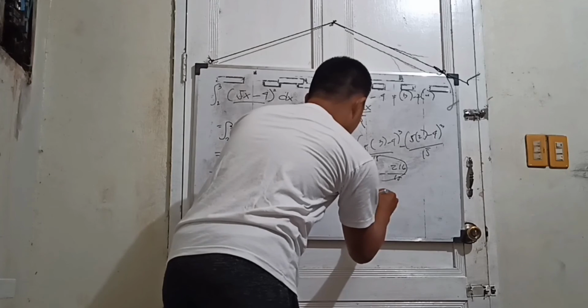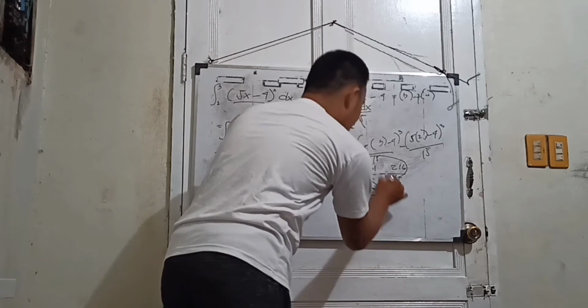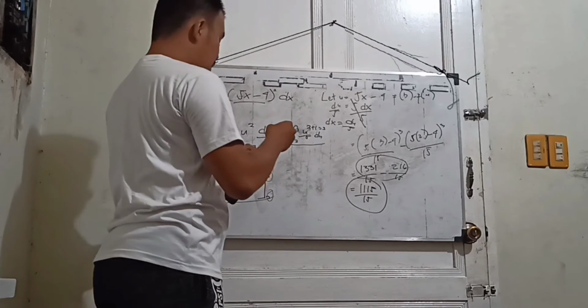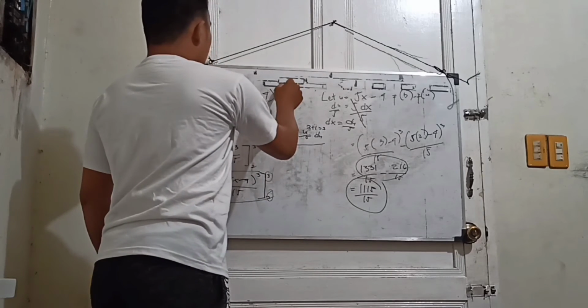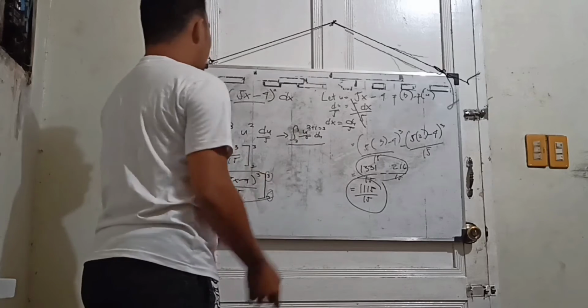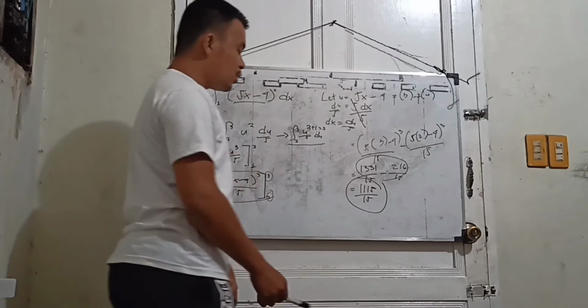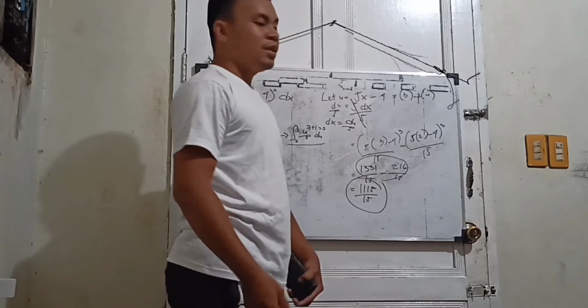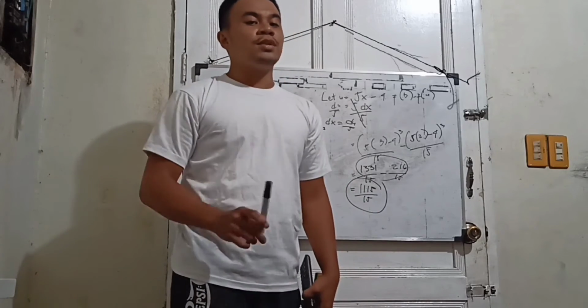Copy the denominator, 15. So, we got our answer. So, the integral of (5x minus 4) squared from 2 to 3 is equal to 1,115 over 15. That's how to use u substitution.